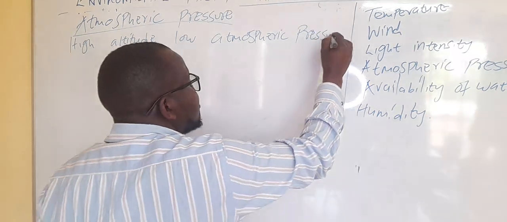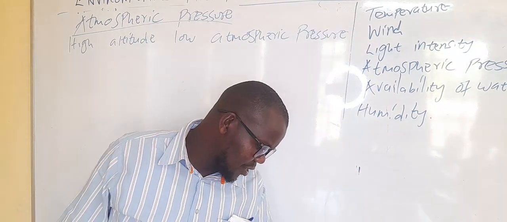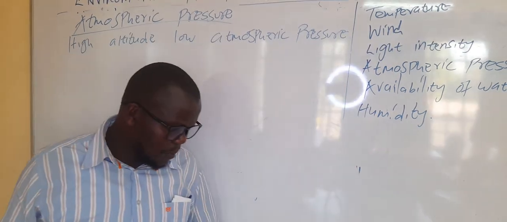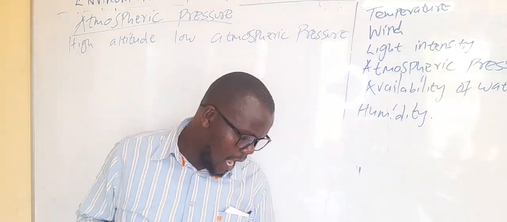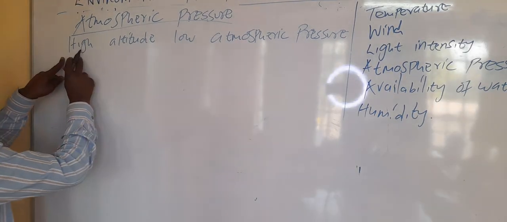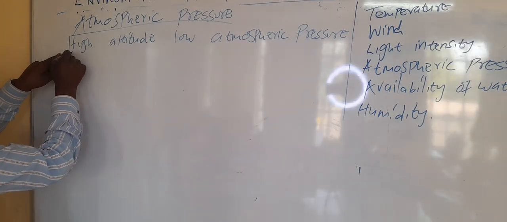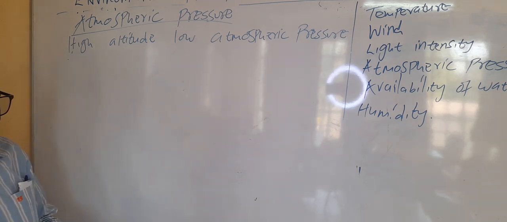What about this altitude now? When we have a high altitude, there will be a lot of water vapor in the atmosphere. Is that clear? So we are speaking altitude, low atmospheric pressure. And in high altitude, there is a lot of accumulated water vapor.